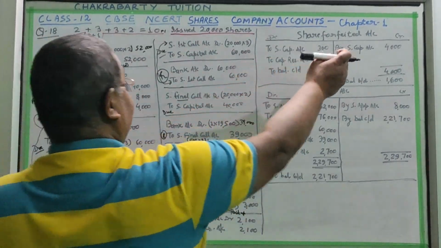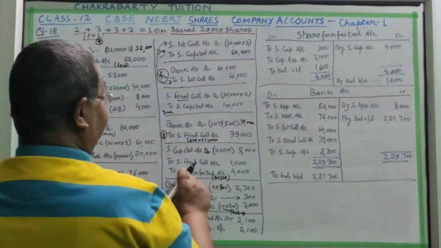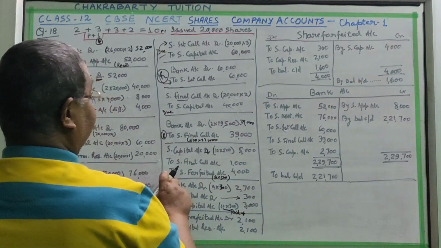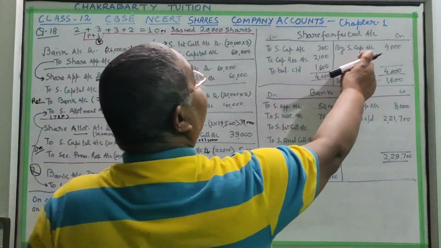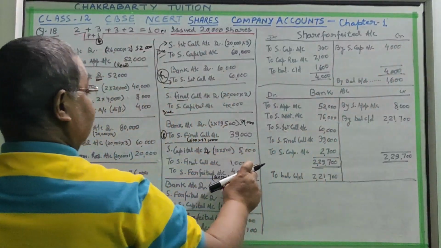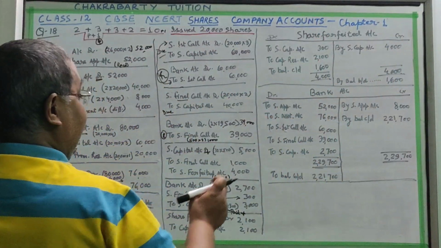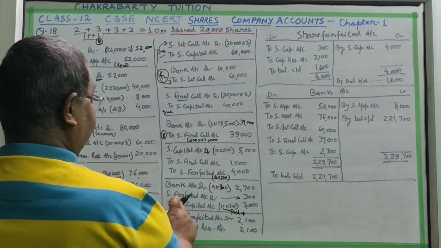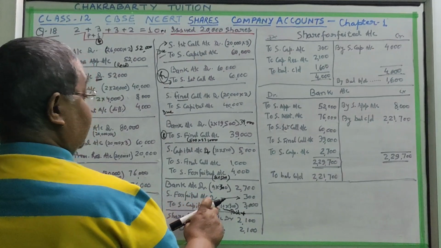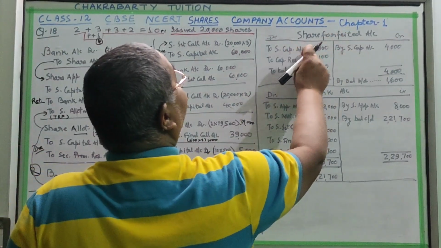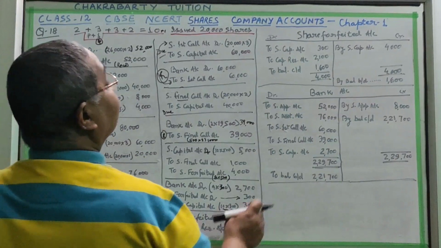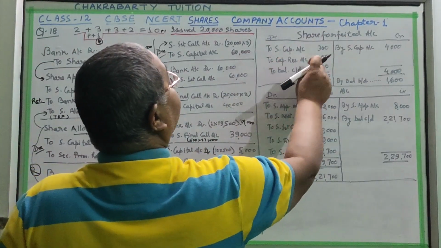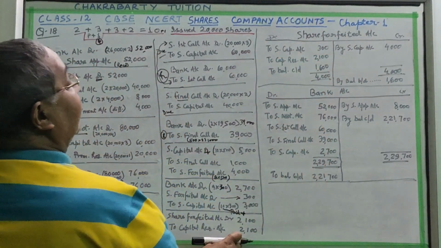So share forfeit account gets the credit from where? Share forfeit account is created by share capital account. That's why we write by share capital account 4,000. This entry will go there. Now out of this 4,000, we have debited share forfeit account to share capital 300. We have used it. Then we have transferred to capital reserve: share forfeit account debit to capital reserve 2,100.